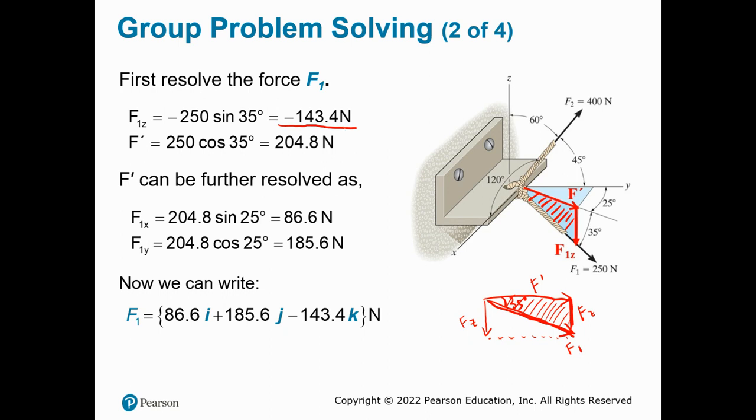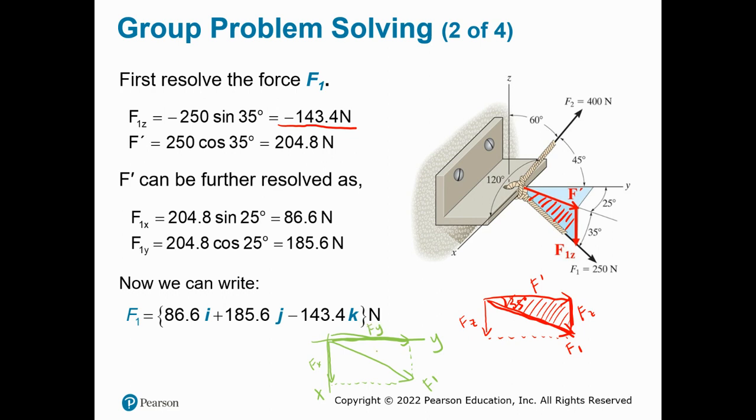We broke F1 down into F1z and F prime. Further, let me use a different color, green. If I am going to break down F1 prime further, the X and Y plane is over here: here's your X, here's your Y. F1 prime is the diagonal of the vector when you break it into the x component and the y component. So your Fx is this one, your Fy is this portion.